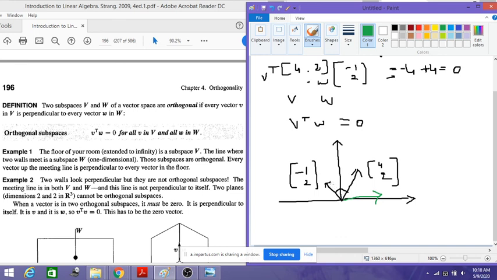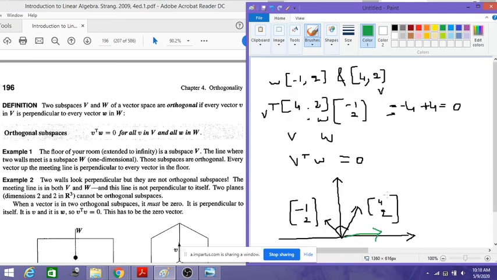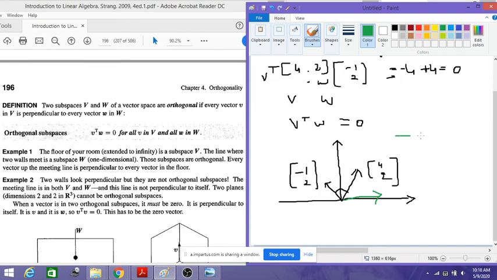The two vectors are orthogonal to each other. Likewise, in the previous example, we have the floor and the two walls joining. That line of the join forms the subspace, and it is orthogonal, perpendicular to every vector in the floor.